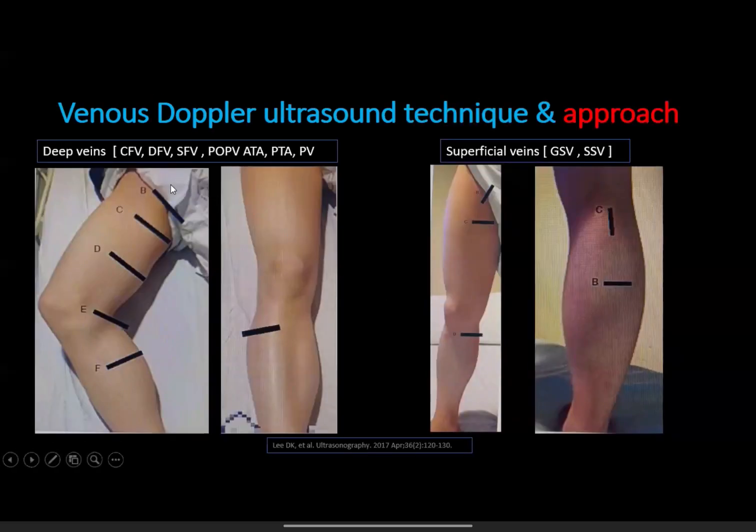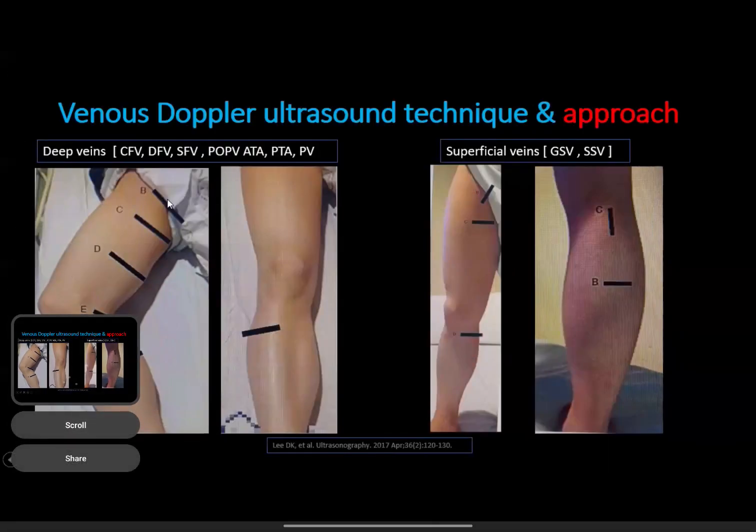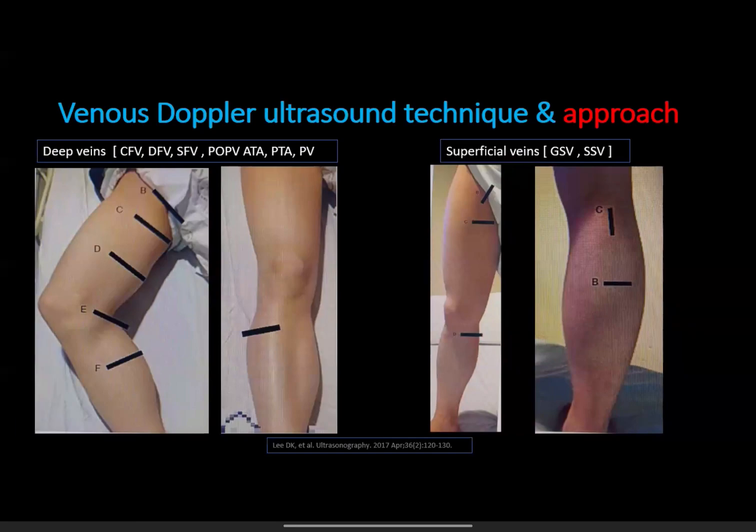So for the deep venous system, we start our examination in the groin. If we see any abnormality in the common femoral vein, then we restart our examination for the IVC and iliac segments. Then we see the compressibility, flow signals, augmentation, and Valsalva reversal. Then we see its division into the deep femoral and the superficial femoral veins.